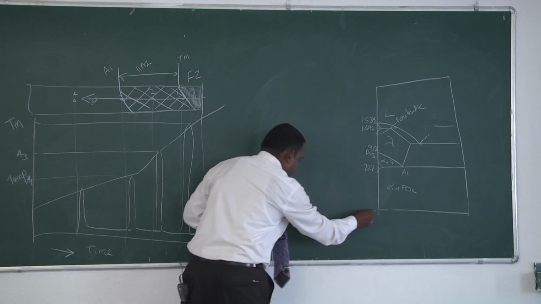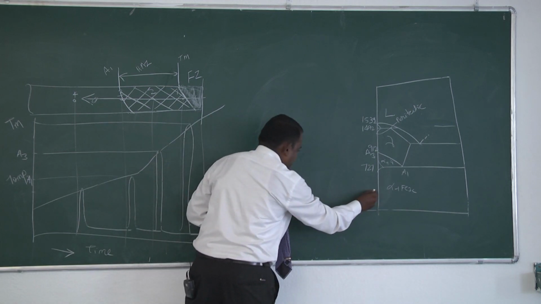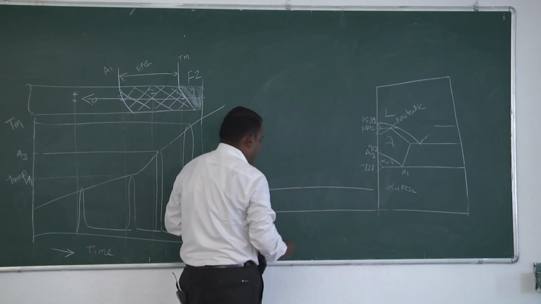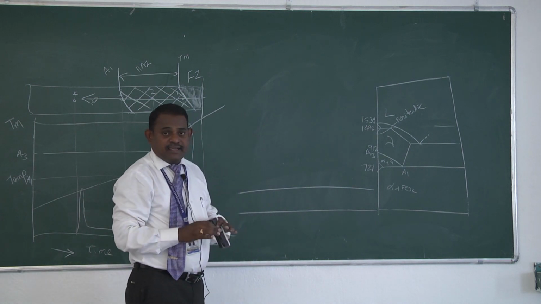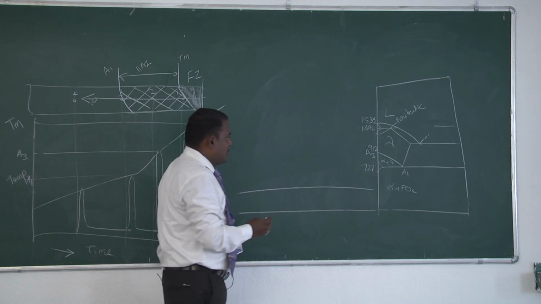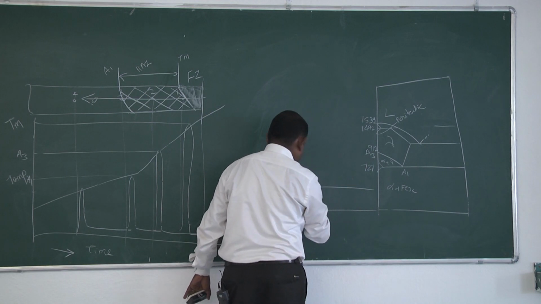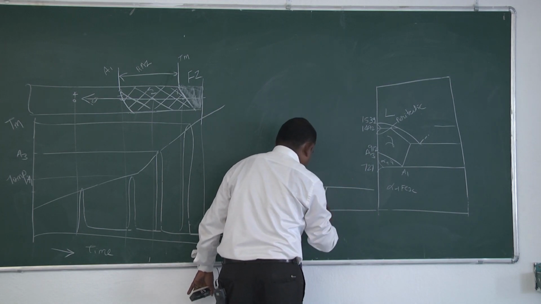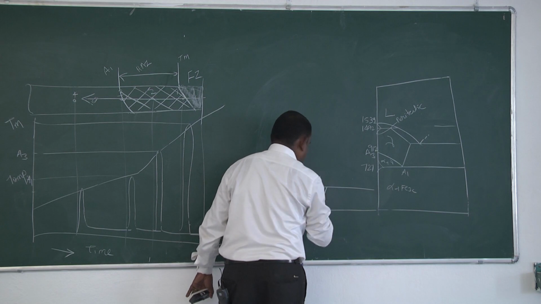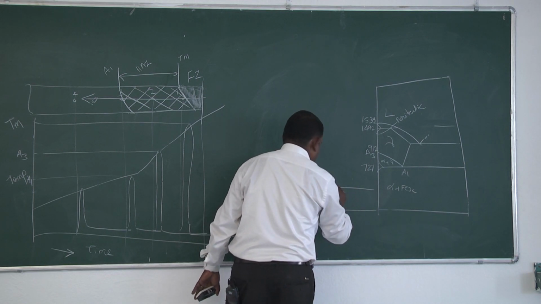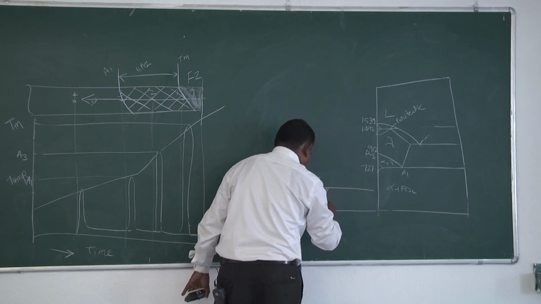Now we can compare the microstructure of the weldment with respect to this iron carbide equilibrium diagram, and we can easily subdivide the heat affected zone into different zones. This is your weld metal, that is called the fusion zone, and away from that you will have the partially melting zone.